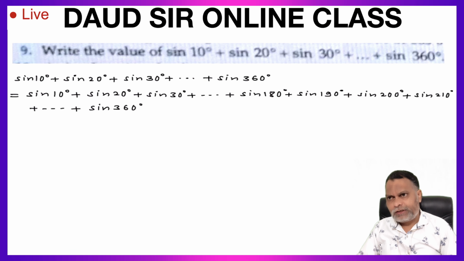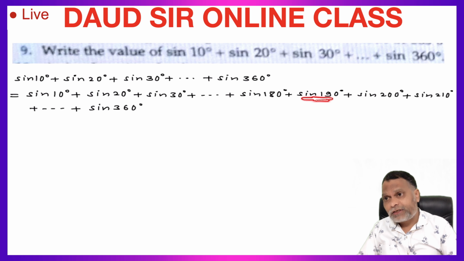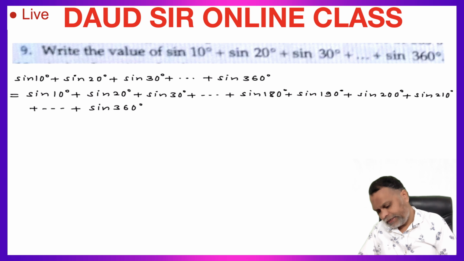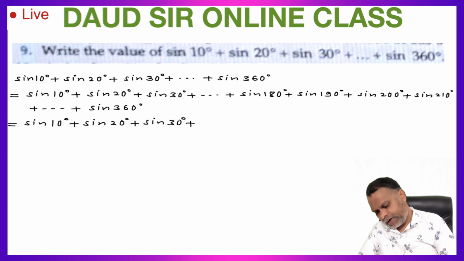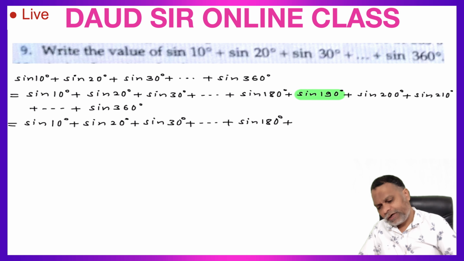sine 190 degree, sine 190 can be written sine 360 minus 170. So we can write this sine 10 degree plus sine 20 degree plus sine 30 degree plus up to dot dot plus sine 180 degree as it is, and plus this sine 190 degree. Sine 190 degree can be written sine 360 degree minus 170 degree.